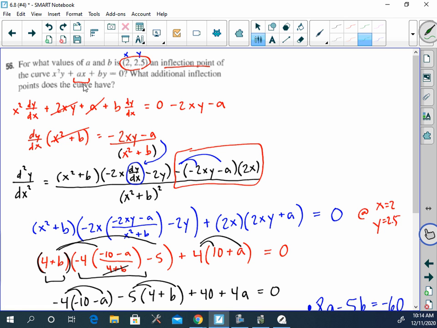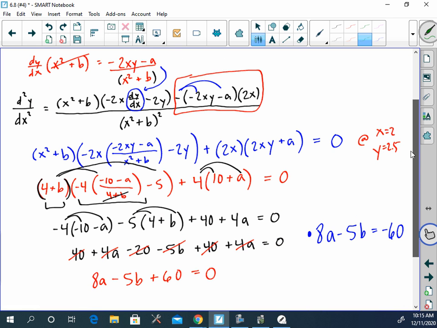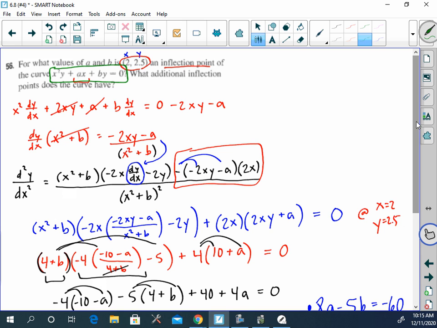Plug that into the original equation. Yeah, plug it right into here, and then we're going to get our other piece of the puzzle to finish solving. Now this is the calculus part of it, and this piece here is the "oh duh" part that you miss a lot of the time.